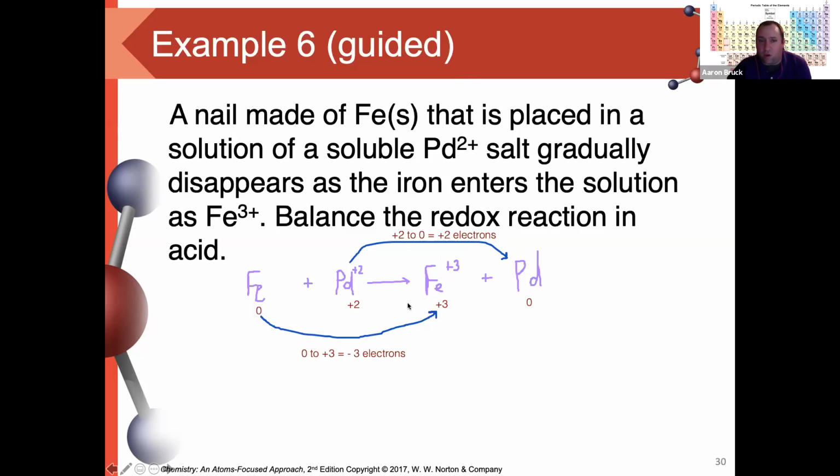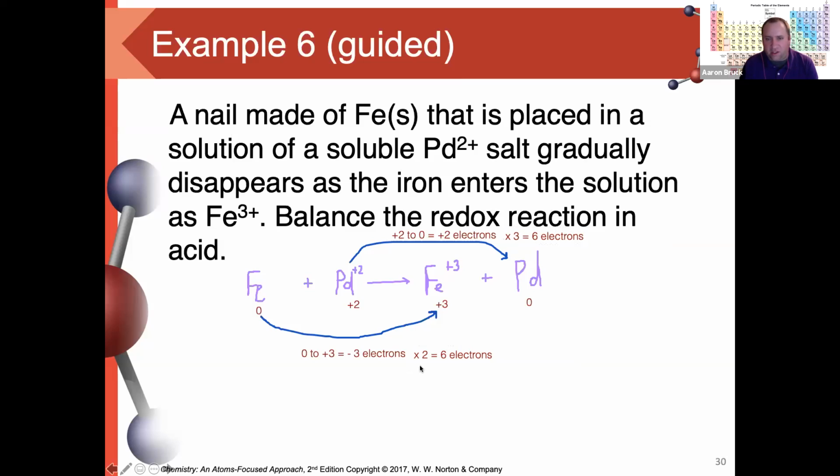So I'm going to multiply each one of these reactions by a number to get it to 6 electrons in total. So 3 times 2 will give me 6 electrons lost. 2 times 3 will give me 6 electrons gained.